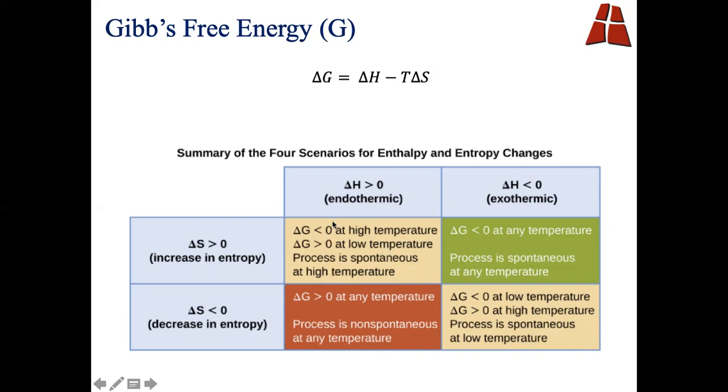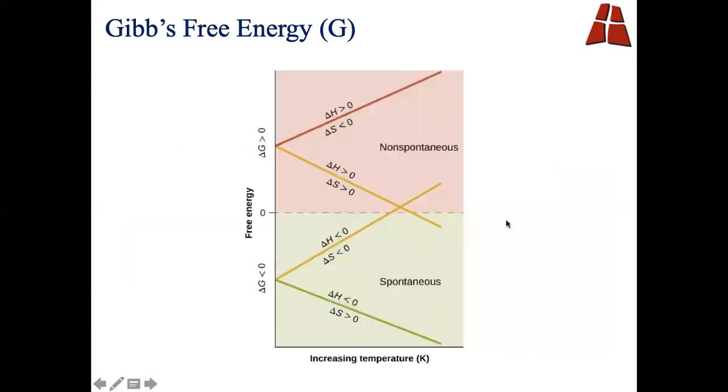So at high temperature, an endothermic reaction can be spontaneous, whereas when we have a negative entropy, that process can be spontaneous at lower temperatures, where we want to minimize this second part, because if we have negative entropy, then this term ultimately ends up being positive.